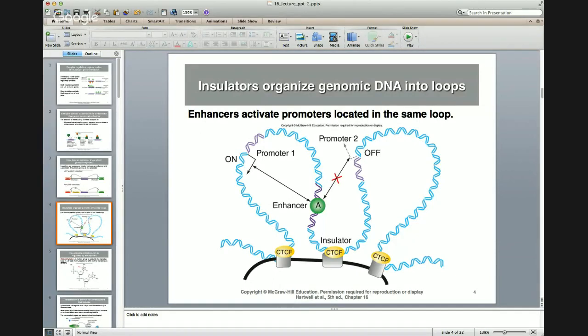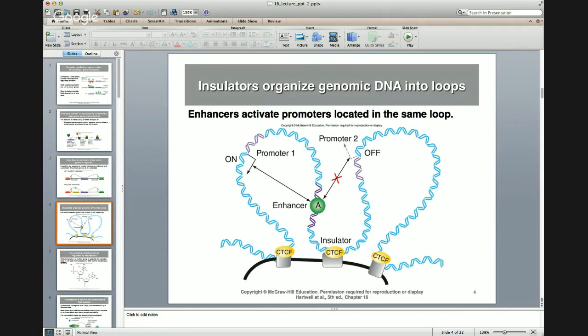So factors outside of the DNA sequence, outside of the nucleotide sequence, that can affect gene expression.